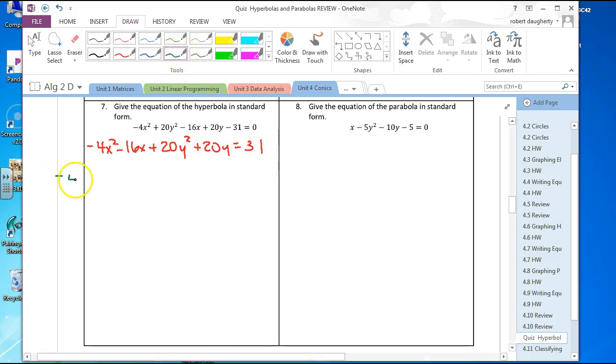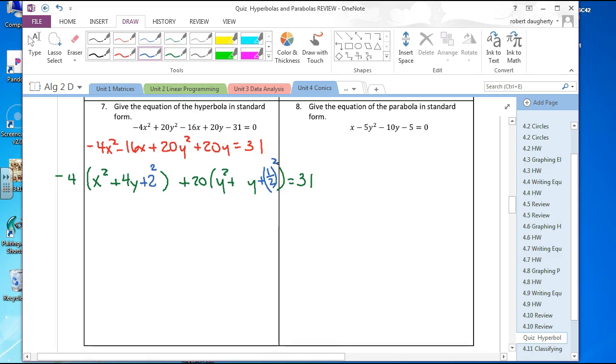So negative 4 times (x squared plus 4x), leave some space, plus 20 times (y squared plus y) equals 31. Now to complete the square, I need to add 2 squared, and I need to add (1/2) squared.